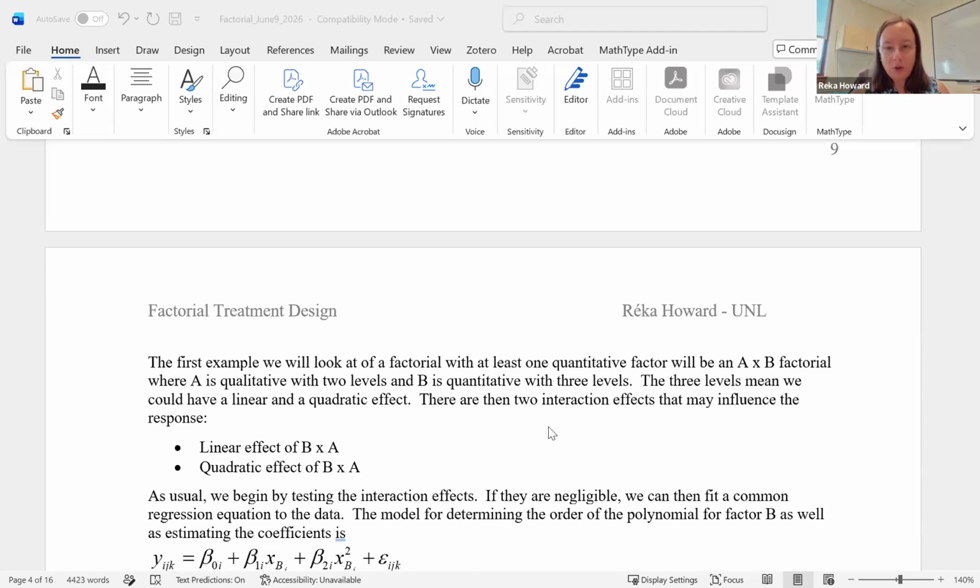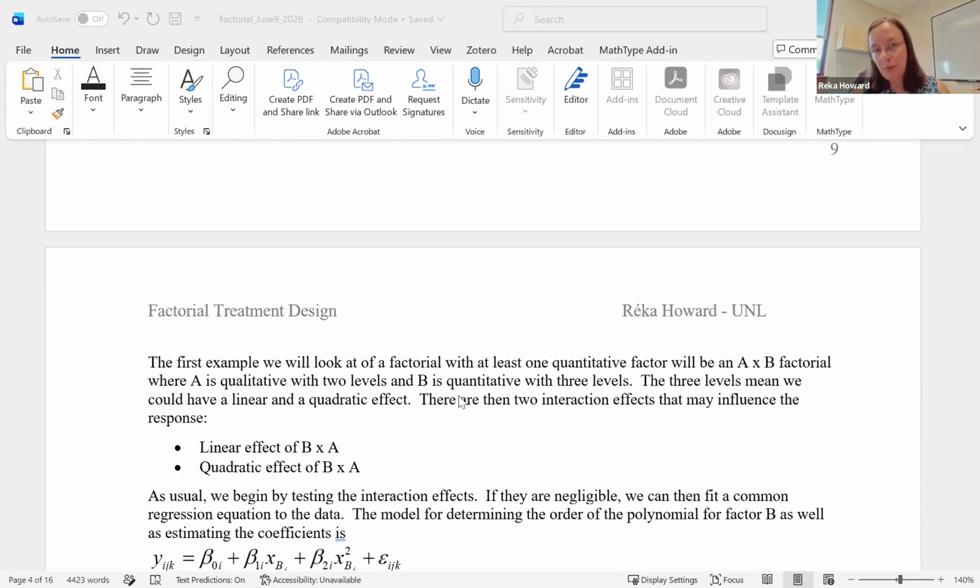What we do here is a little different than before. One, we are doing regression now. So in your code, whatever software you're using, you really have to be careful and specify that the B factor is not a classification variable anymore. A is, because that's a qualitative factor, but B is not.